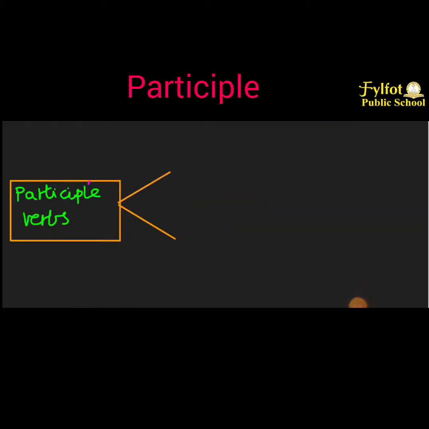Participle verbs are of two types. One is verbs with present participle and the other is past participle.